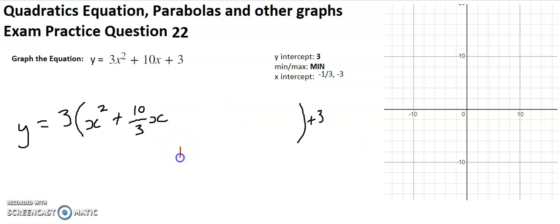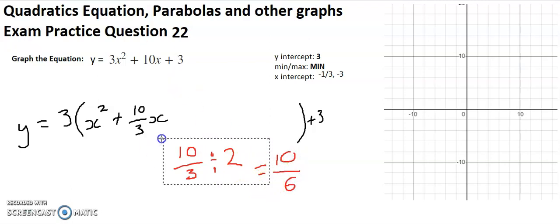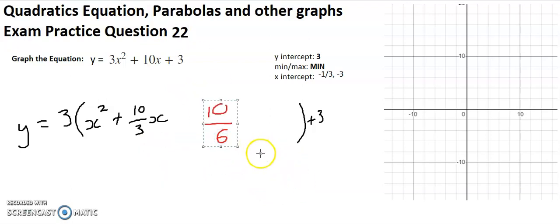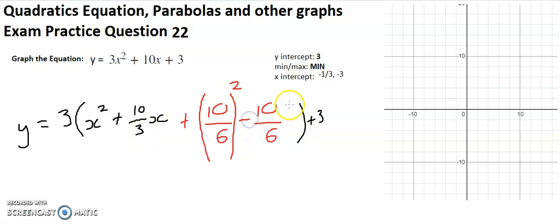Half of b is 10 over 3 divided by 2, which is equal to 10 over 6. So I am going to be adding 10 over 6 squared and taking away 10 over 6 squared, because our c needs to be half of b, squared.